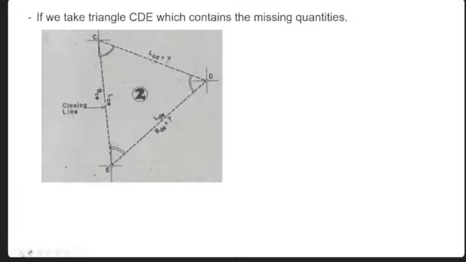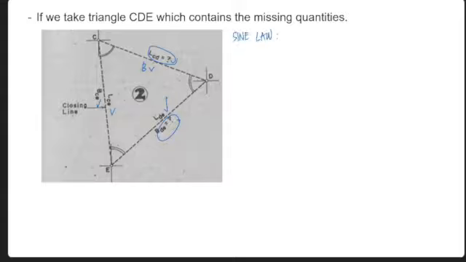Okay. So ato na yung ating triangle. This is our closing line, CE. Meron siyang length, meron siyang bearing na na-compute natin kanina. And CD, meron siyang bearing pero walang length. Yung ating DE, merong length pero walang bearing. So because this is a triangle, we can use sine law.